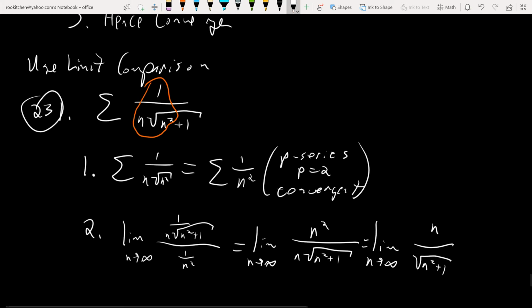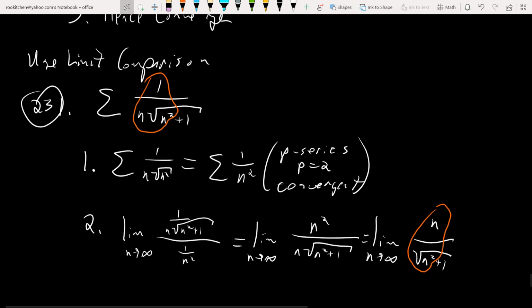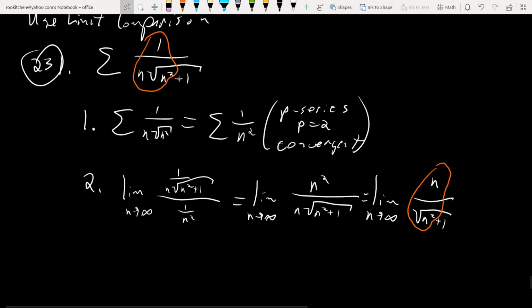And then you could take the limit of that thing again by kind of just cutting off the high degree terms in the numerator and denominator. You'll get n all over the square root of n squared. The square root of n squared is absolute value of n, but when n is going to infinity, we can just pretend it's n. Okay, so we have the limit as n goes to infinity of n all over n.